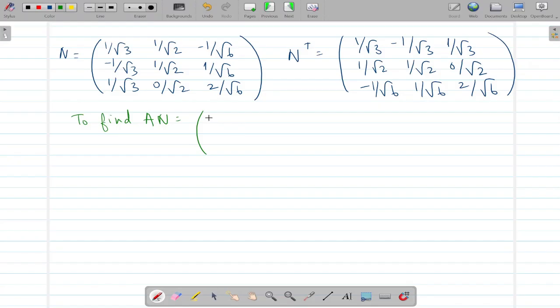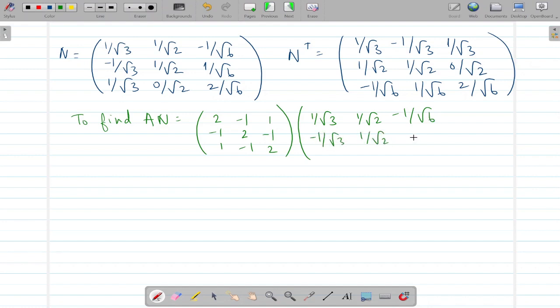A we already know: 2 minus 1 1, minus 1 2 minus 1, 1 minus 1 2. N is 1 by root 3, 1 by root 2, minus 1 by root 6, minus 1 by root 3, 1 by root 2, 1 by root 6, 1 by root 3, 0 by root 3, 2 by root 6.